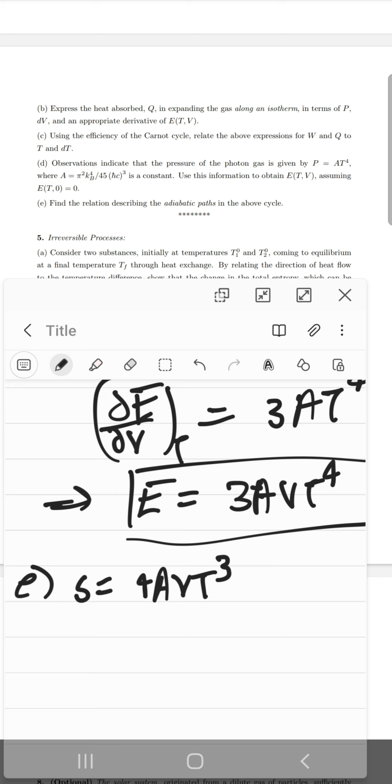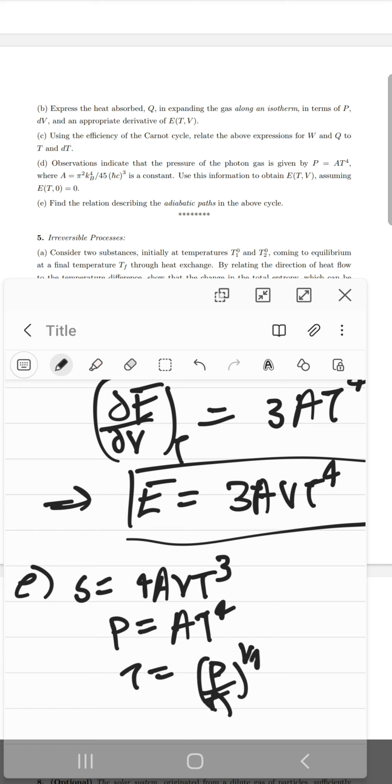And so now we want to find the relation describing the adiabatic paths in the Bow cycle. If s is constant, this quantity should be constant, but we want a relation between p and v. You know that p is A T^4, so T is (p/A)^(1/4), something like that.